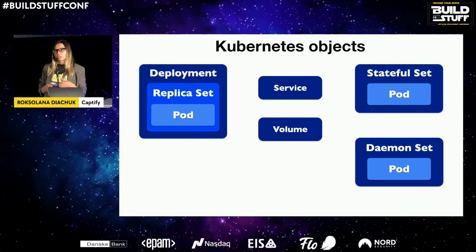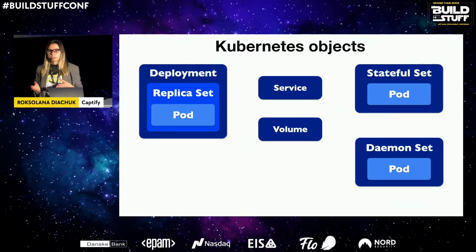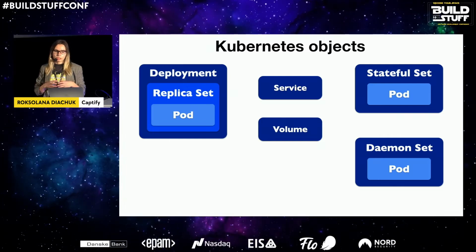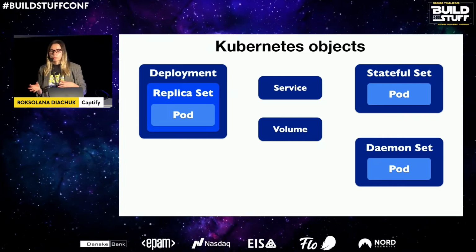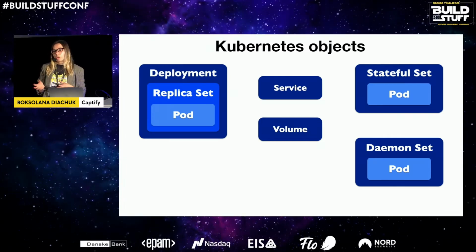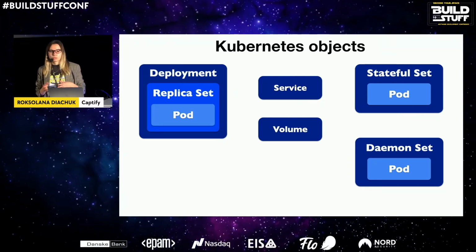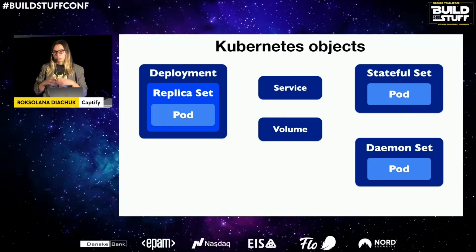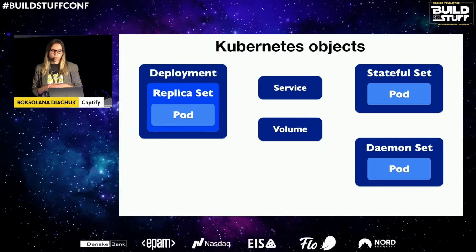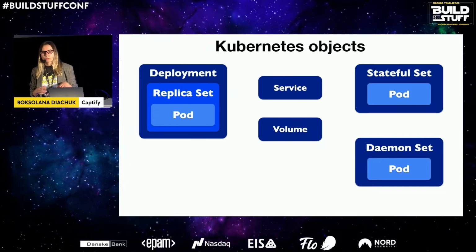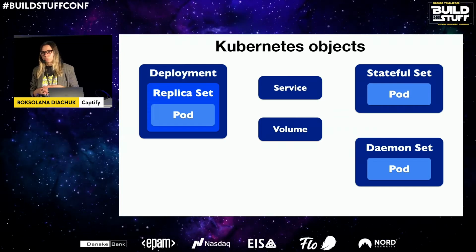For example, we can perform some rolling upgrades, because we can have this setup for each of the pods. We can label the pods. We can set up some additional volumes for the data storage for this deployment. So we have this additional functionality for the deployment, and in most cases I would say that this is the object we go for if we want to deploy something.